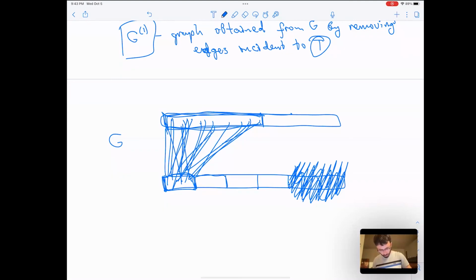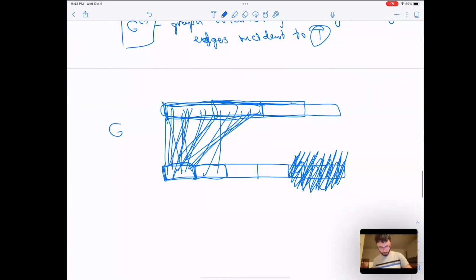Then for the second block, we will have a complete graph on the union with some other set, say this one. So we have a complete graph connecting this block with this block.